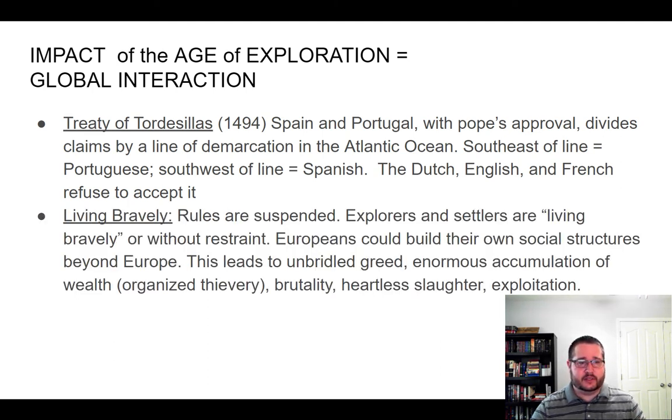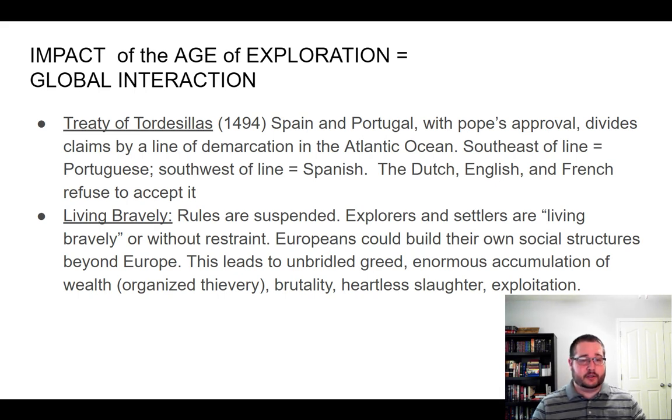One of those things is this concept of living bravely. Okay, so these conquistadors, these entrepreneurs, explorers, people who are starting new colonies, people who own the encomiendas, etc. They are praised as heroes for quote-unquote living bravely.